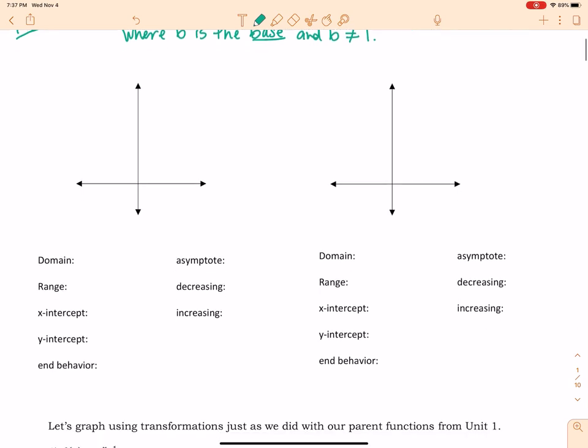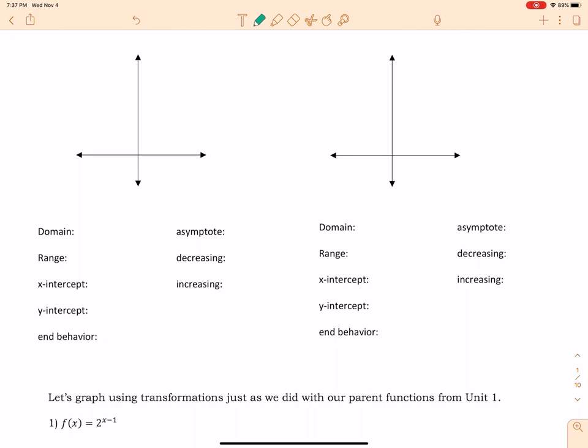There are two ways we can graph exponential functions. When we have f of x equals b to the x and b is greater than 1. So in other words, I have an equation that looks something like this. Like, let's say I've got f of x equals 2 to the x, or 3 to the x, or something like that, okay?